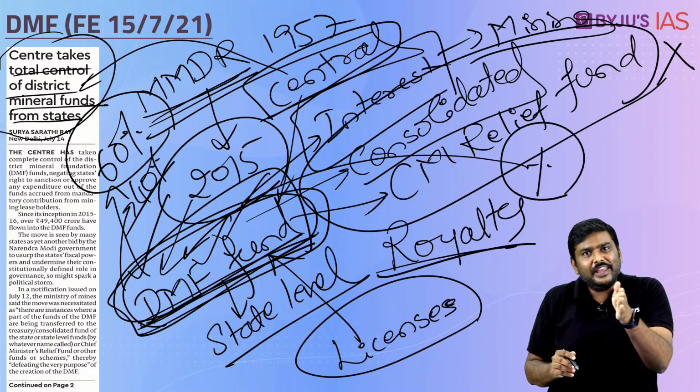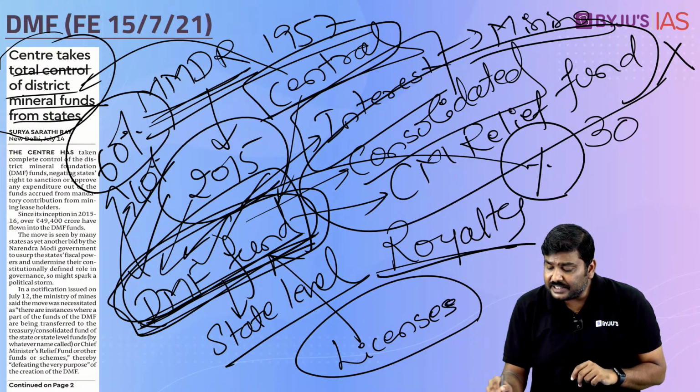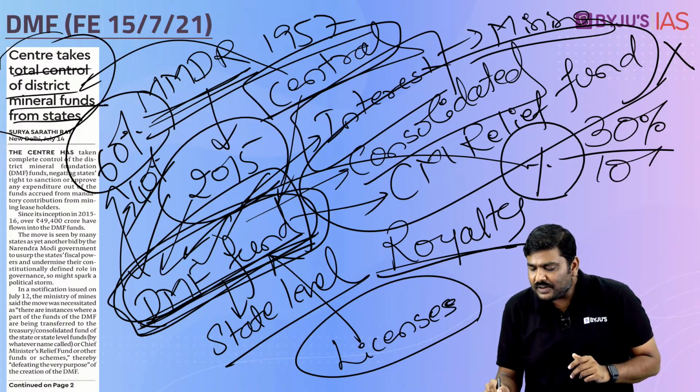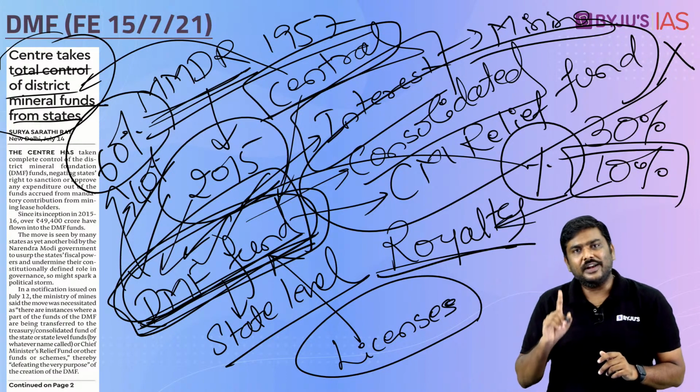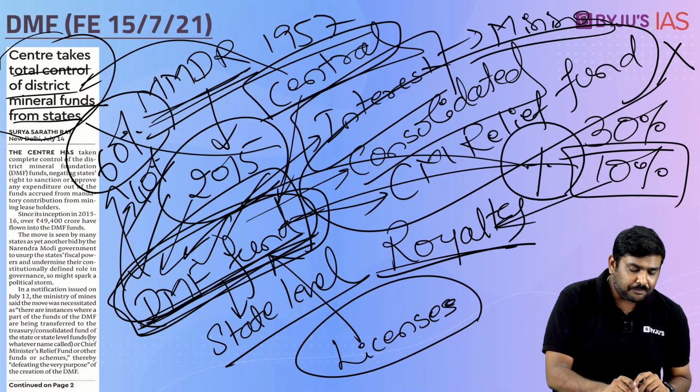Before 2015, if the license was issued, the percentage was 30%, and after that, if the license has been issued, they will have to contribute 10% of the royalty to this DMF fund. So, these are certain very important points.